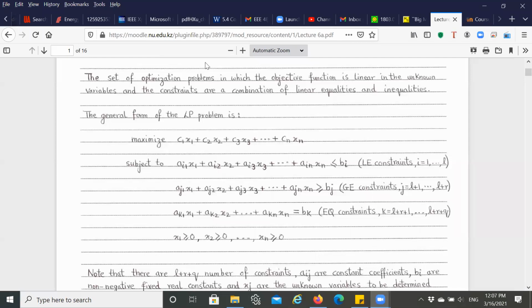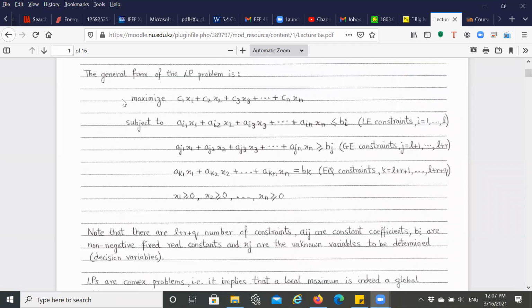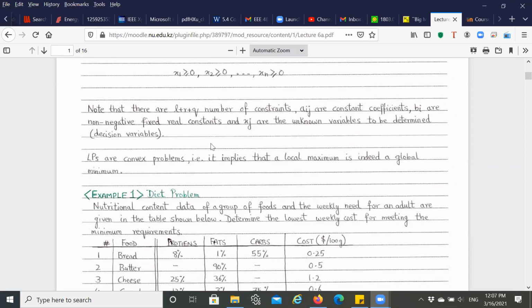And so linear programming means the objective function and the constraints should all be in a linear form, okay? So they should be linear equations.